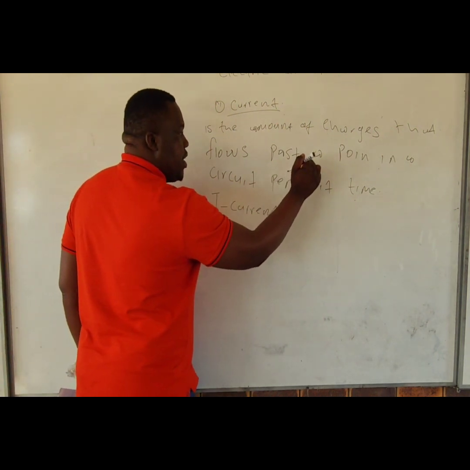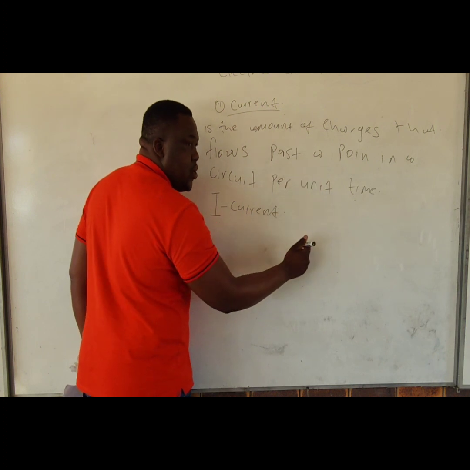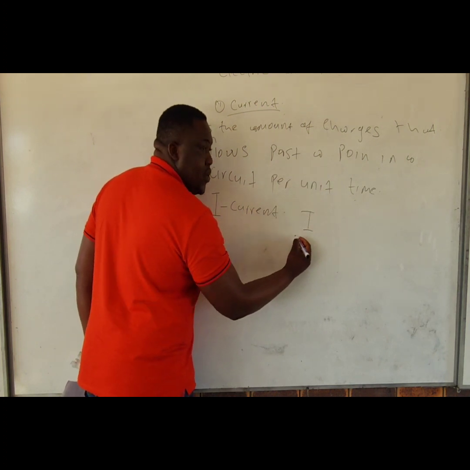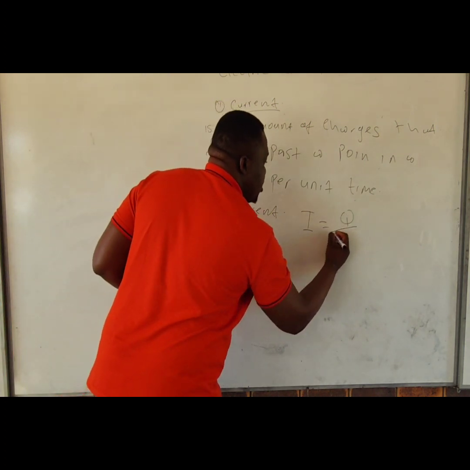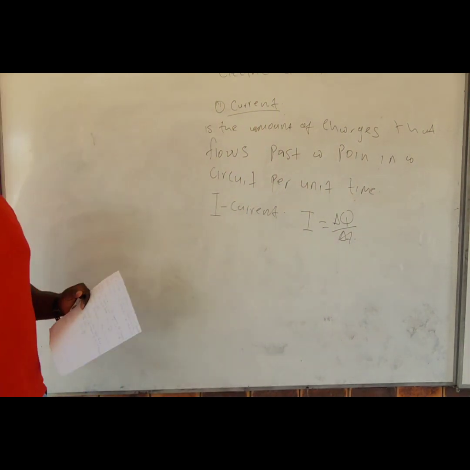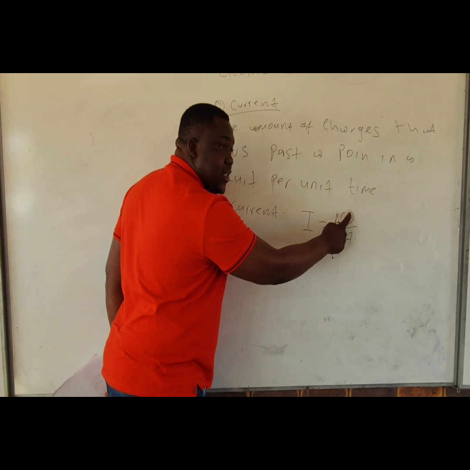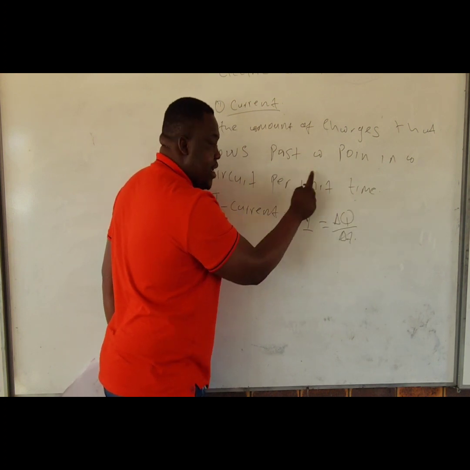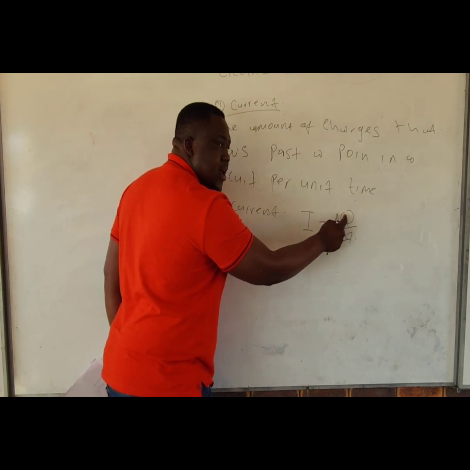We can state this mathematically. I, which is current, is equal to the change in charge over the change in time. Remember Q represents the charge. So I is the charge per unit time, the charges that pass a particular point at a given time.